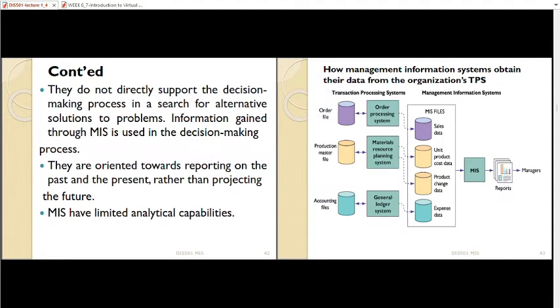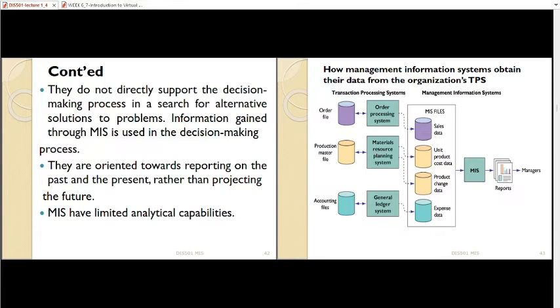They can do that, but they provide information that would be helpful in that process, and therefore they have limited analytical capabilities. For this system to be very helpful, it would need enough features for processing and analyzing data. And that is now pushed on to systems such as DSS or ERP systems.